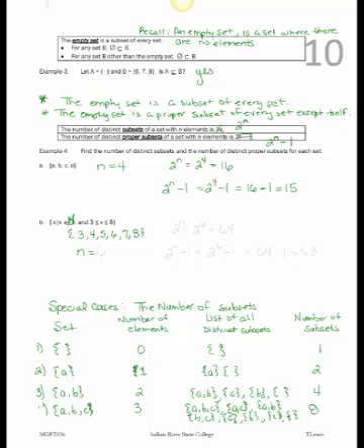We have 1, 2, 3, 4, 5, 6. So let's find the distinct subsets. We have 2 to the 6th power, which gives us 64. And then our distinct proper subsets, 2 to the n minus 1. We have 2 to the 6 minus 1. That is 64 minus 1. That is 63.